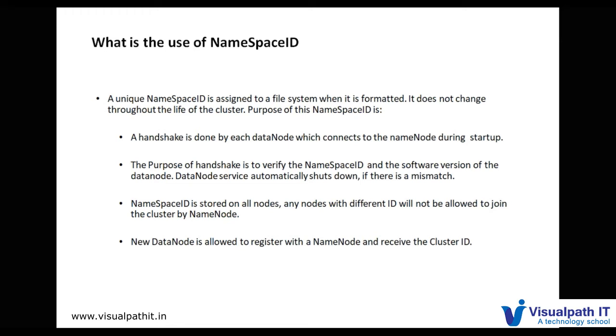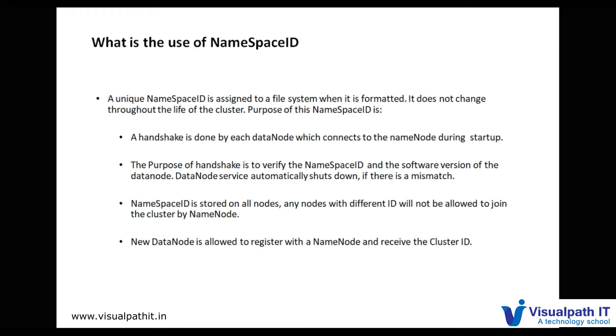The purpose of this handshake is to verify the namespace ID and the software version. So the namespace ID is a communicator between the name node and the data node. For communicating with both, the namespace ID is required. If any data node has no namespace ID, we cannot use that data node in the cluster.